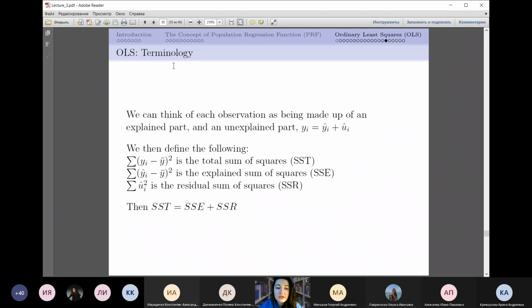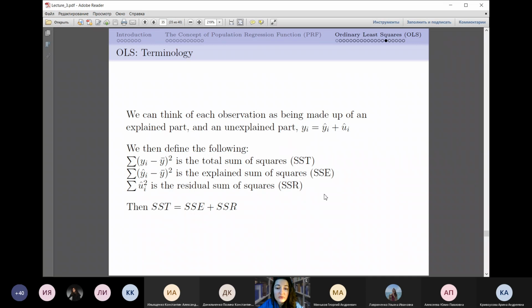And it's very important to understand the difference between the total sum of squares, the explained sum of squares, and the residual sum of squares. What does it mean?